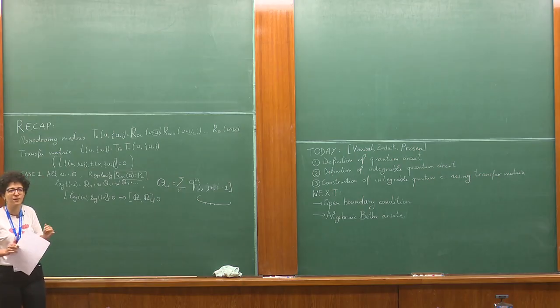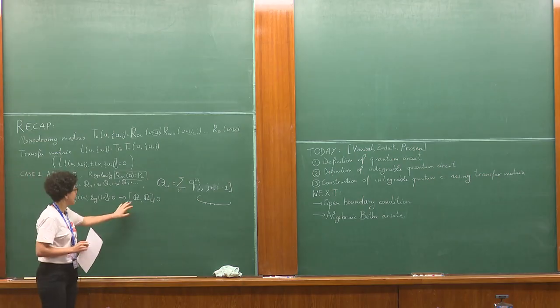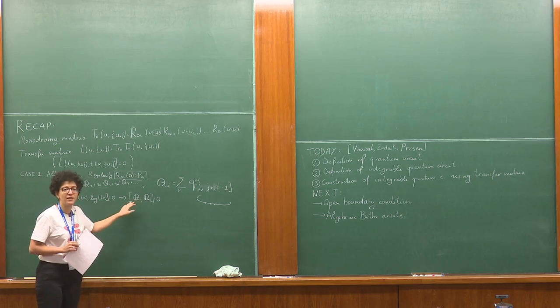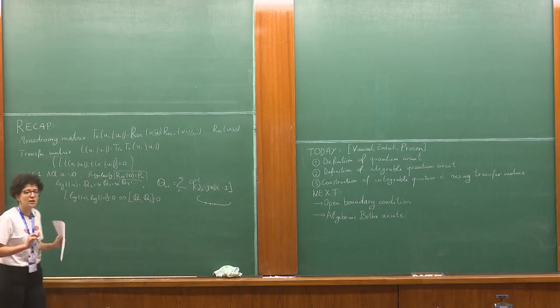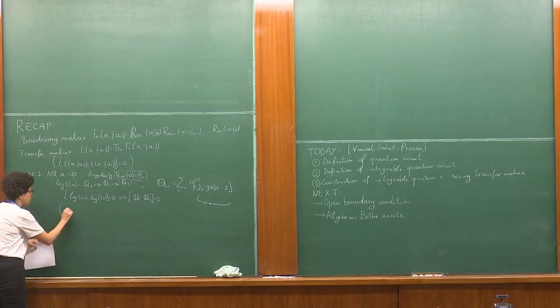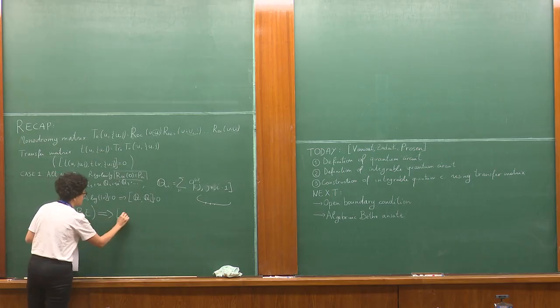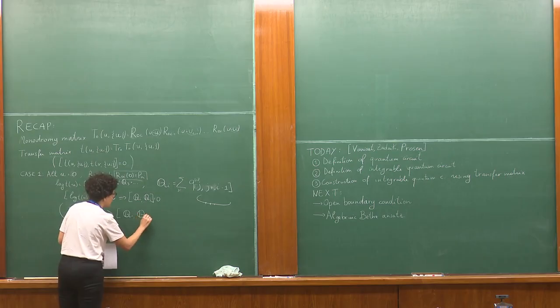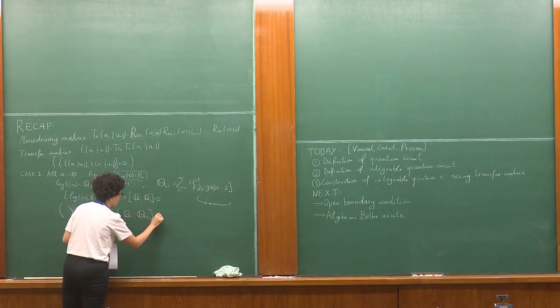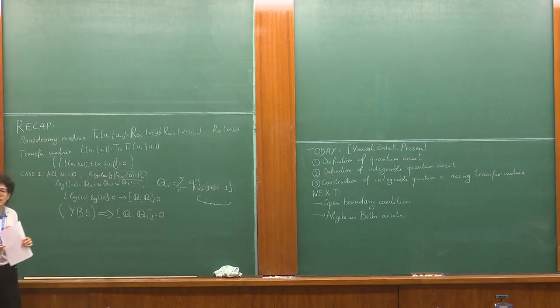Having an integrable model means that we have an extensive amount of operators that commute among themselves. So just to summarize, what we did was to show that from the Yang-Baxter equation it follows that the charges Q_i, Q_j will commute.